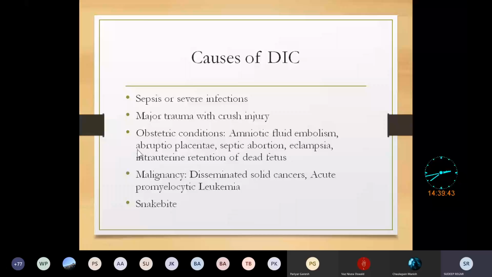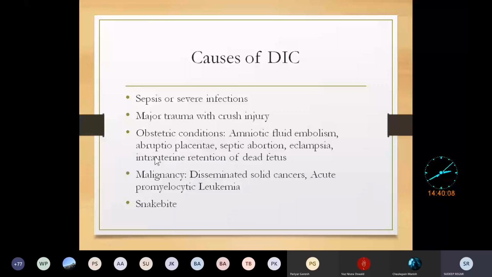It is a complication of pregnancy in the third trimester. Septic abortion, you know, whenever there is a termination of the pregnancy, but with septic features, that is septic abortion. Eclampsia will be there, and then intrauterine retention of the dead fetus.